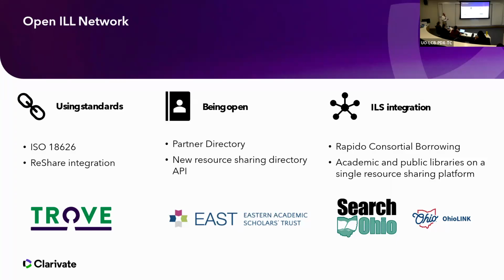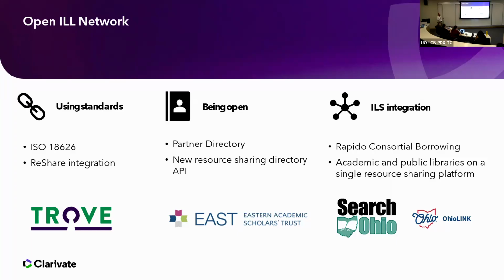So we worked with the Australian community. We worked with Alan Jones at the New School, who many of you probably know. We worked with Caval, and we worked with Index Data to make these integrations happen. So that was one project. Another one that just came out is our new resource sharing directory API. And what that does is allow folks to access the partner records of over 100 ALMA libraries.